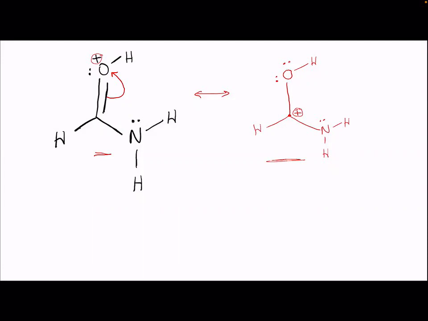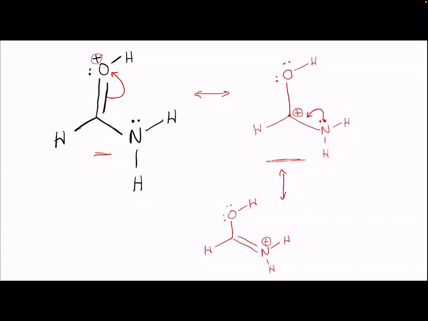Well, we can move the lone pair of electrons from the nitrogen atom to form a bond between the nitrogen and the carbon. Let's see the resonance structure that forms when we do that. Now we have a double bond between the nitrogen and the carbon, and you have a positive charge on the nitrogen.